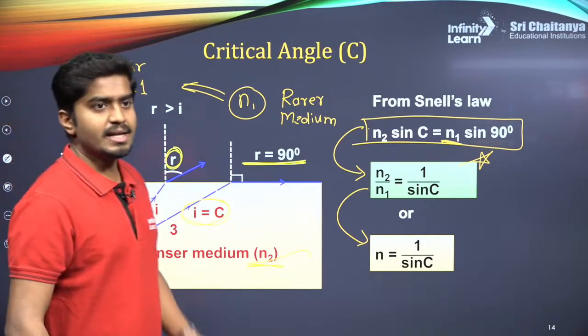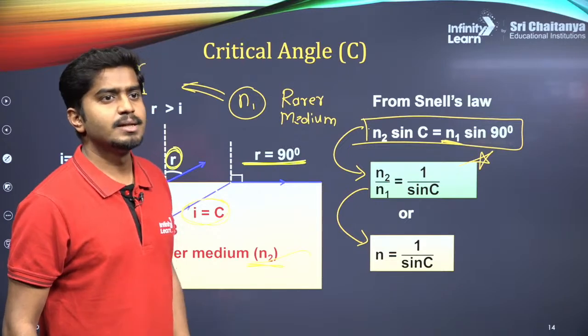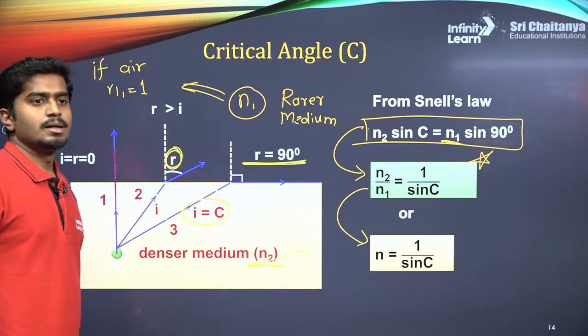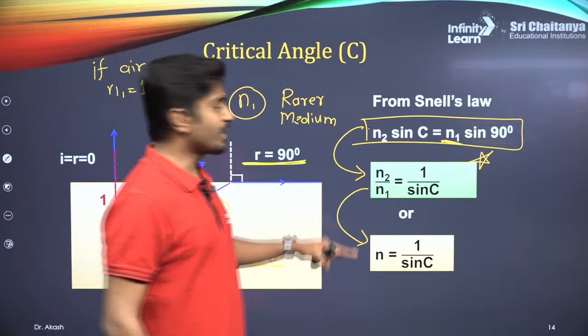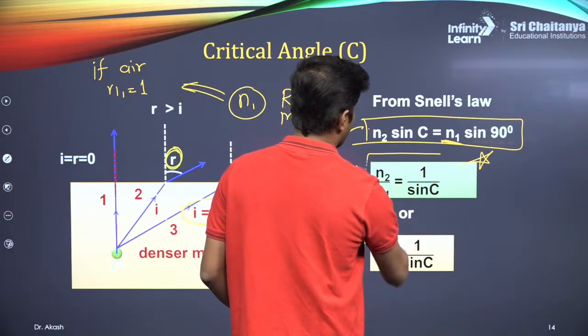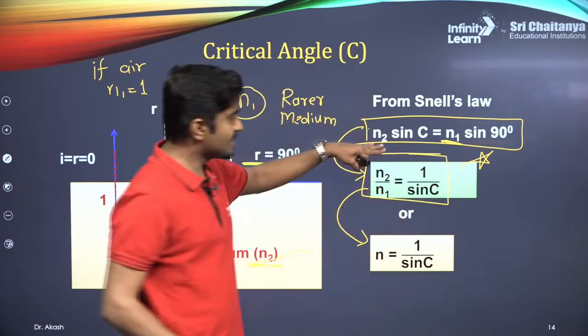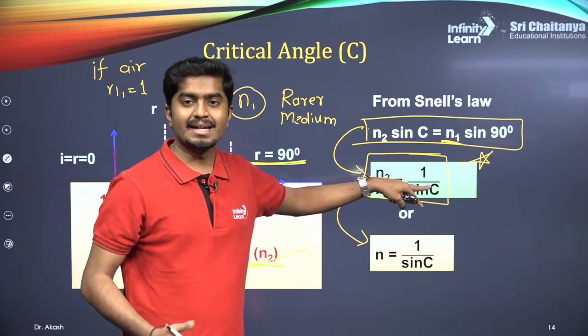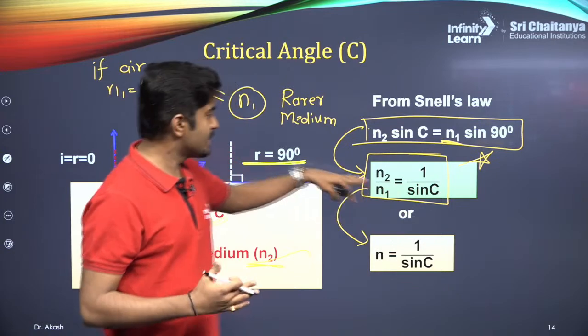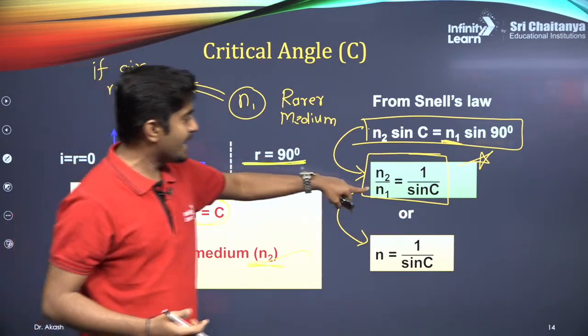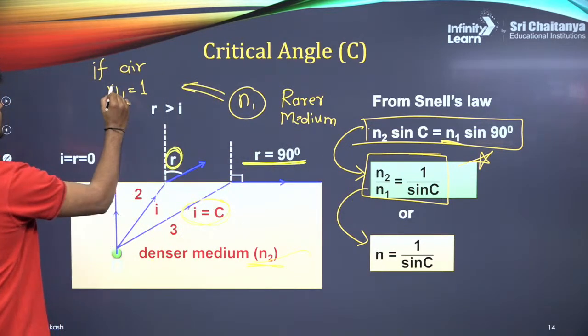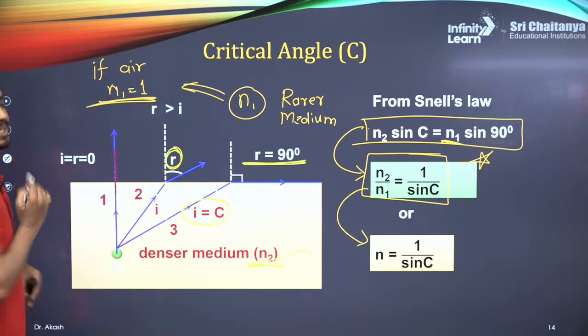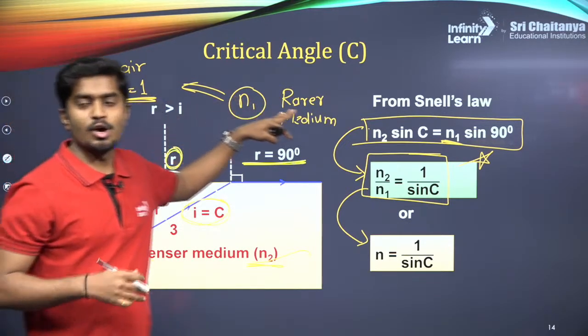In the second line also it is becoming 90, what do you mean? If the second medium is not air, then this is the general formula for the critical angle. But if the medium is air, then N1 will become 1, for air or vacuum.